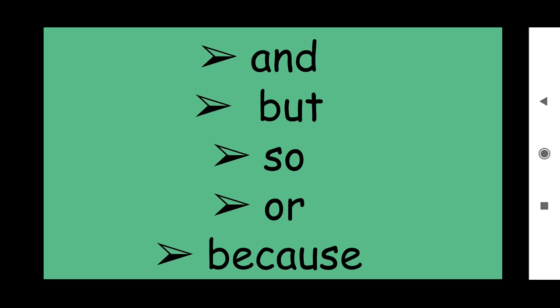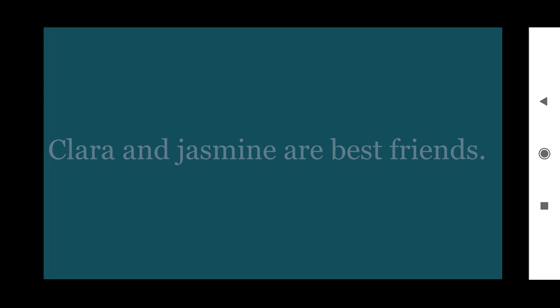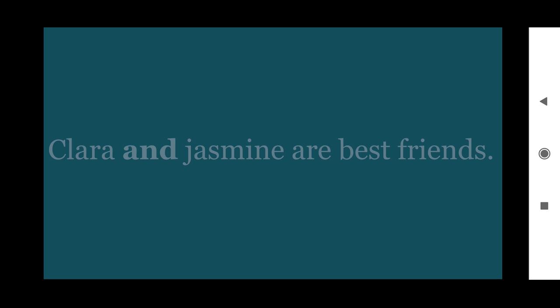For example, in the sentence, Clara and Jasmine are best friends, can you say which the conjunction is? The conjunction is and. It helps to connect Clara and Jasmine, both of which are nouns.